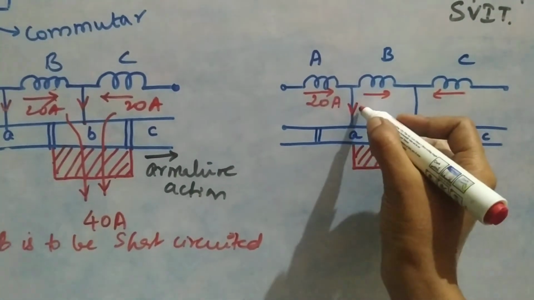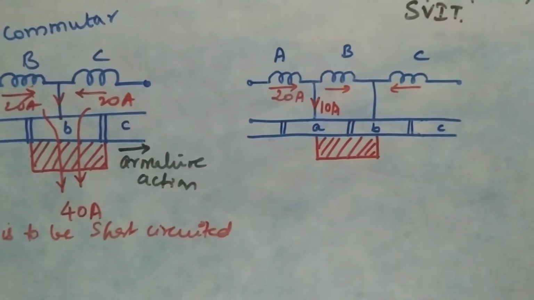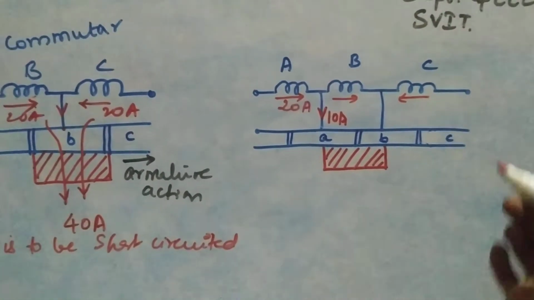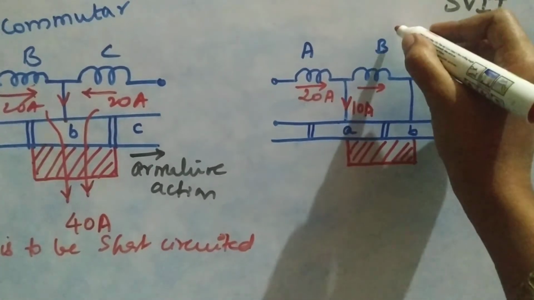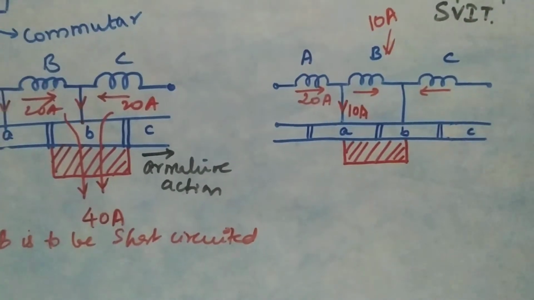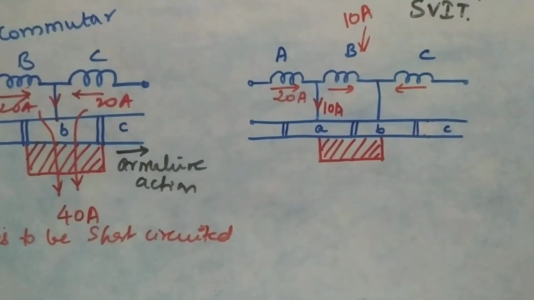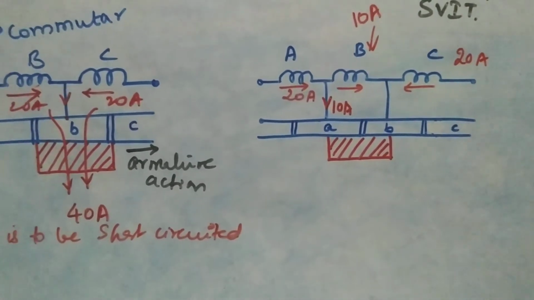Let me assume it is reduced to 10 amperes. So the current flowing in coil B becomes 10 amperes, and as usual 20 amps will flow in coil C.